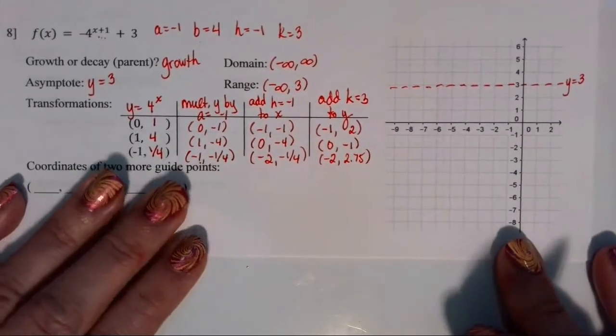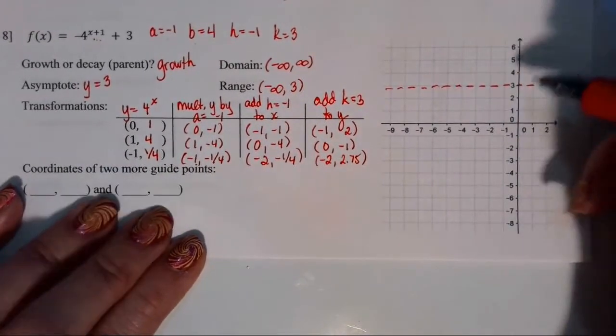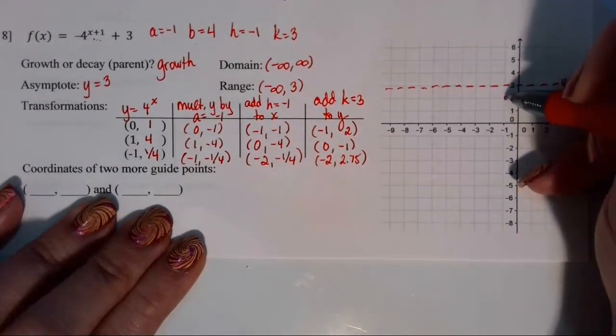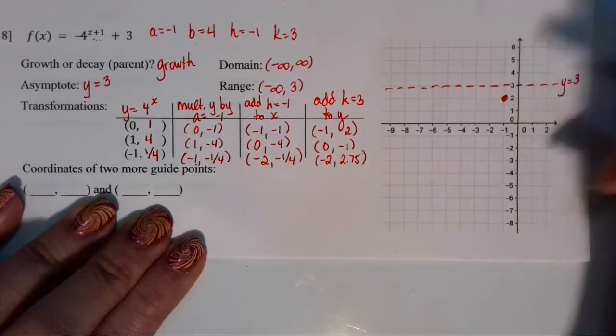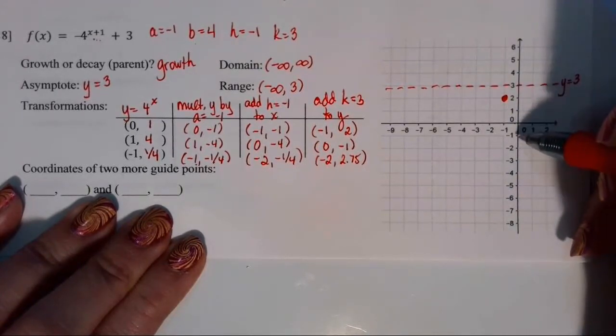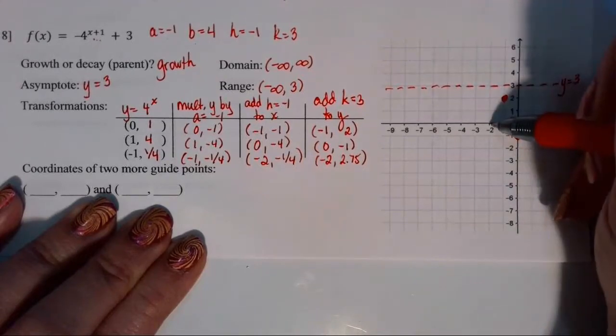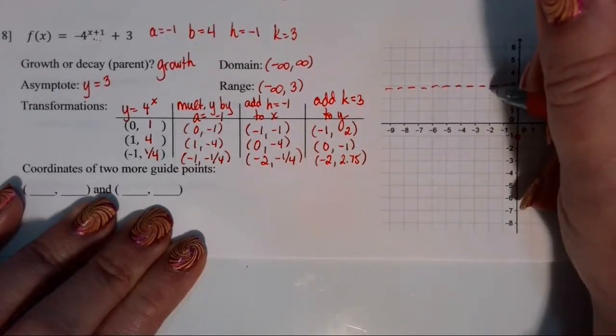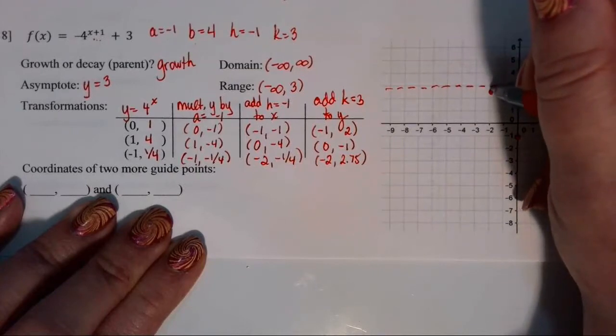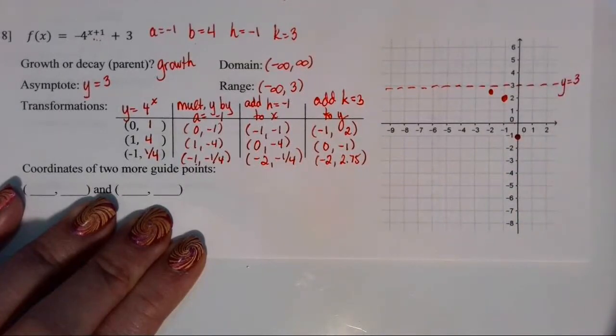So coming over to sketch these points on our graph, we go to -1 and up 2, then 0 and down to -1. At -2, we're up here at 2.75. So really close, but not touching that horizontal asymptote.